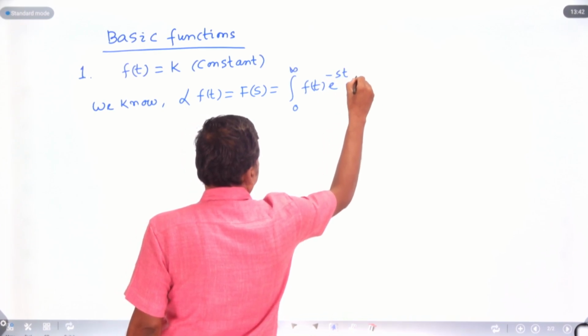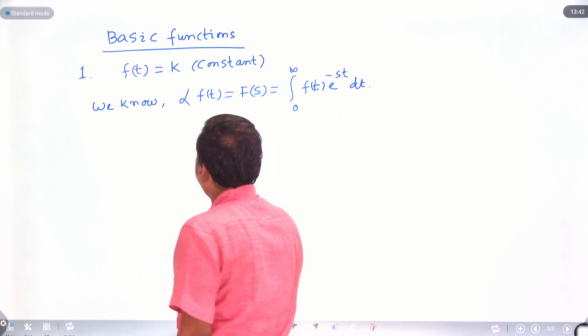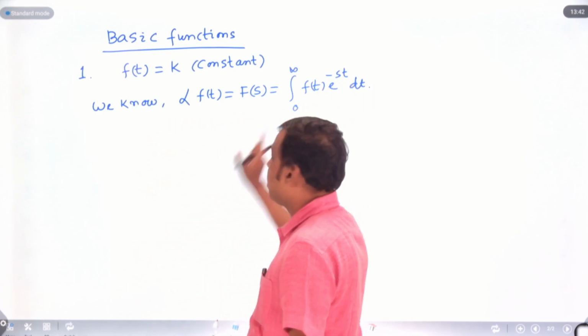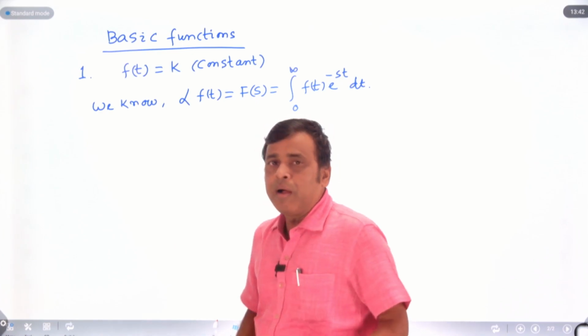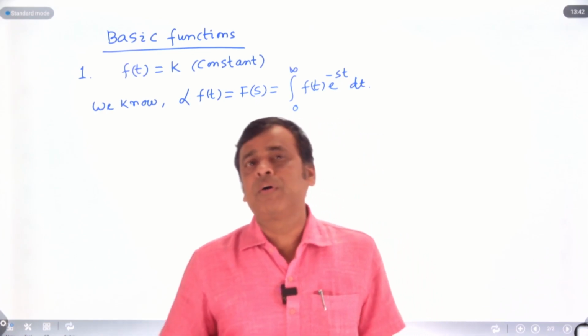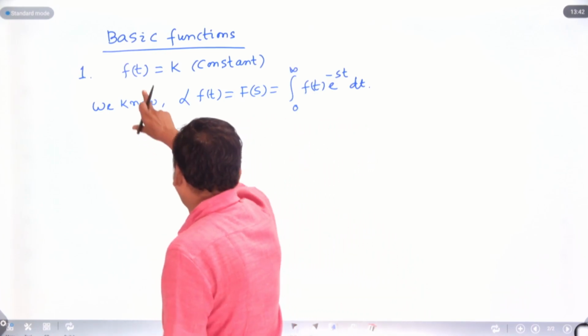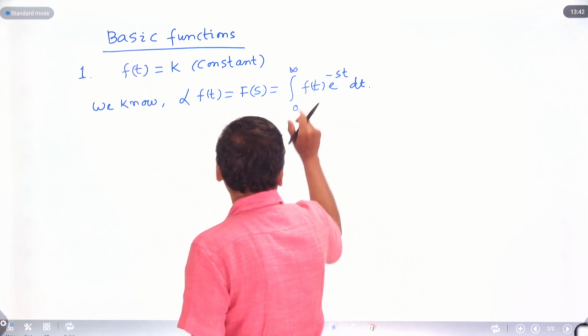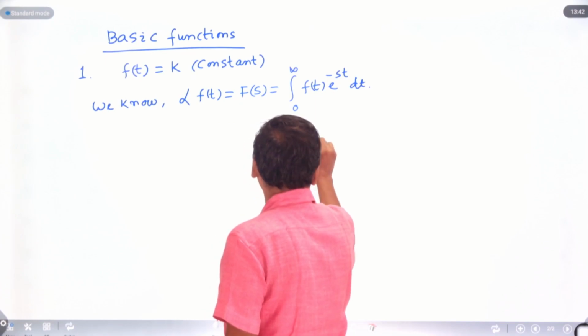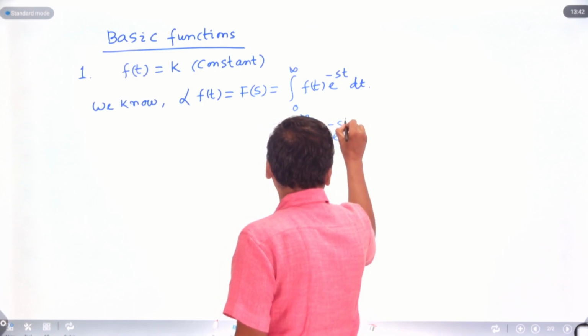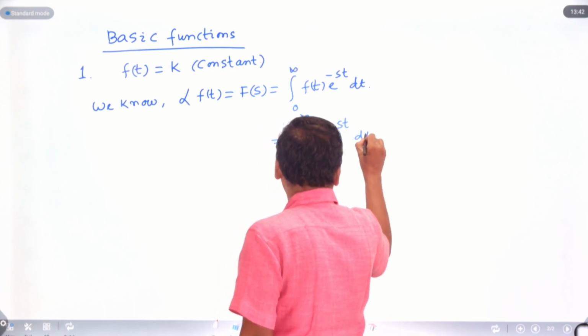This is the general formula to find the Laplace transform of any function. We have f(t), and we convert it to F(s) by means of the Laplace transform, and here f(t) equals k. So in place of f(t) we put k, with limits 0 to infinity, e to the power minus st dt.